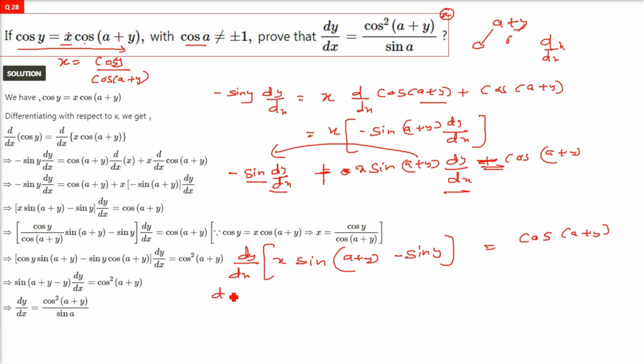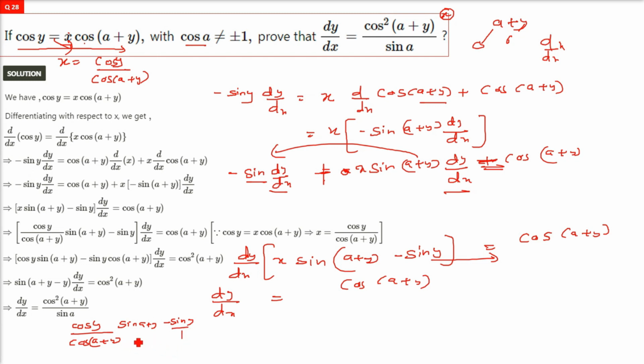Now this dy/dx, we are going to put on the denominator, but still we have x. When I started this question, I already told you that this x will be replaced. So cos(a + y) will be on the right hand side, and the term which we put in the denominator, I am replacing x by cos y by cos(a + y). So this is cos y by cos(a + y) times sin(a + y), and this is minus sin y.